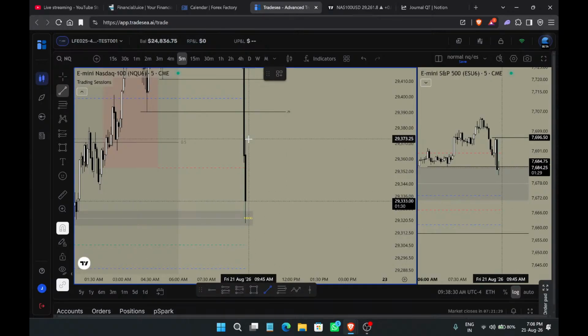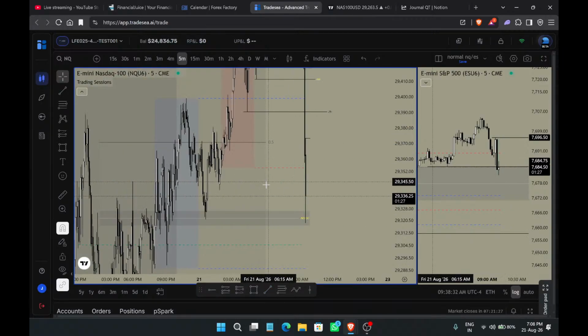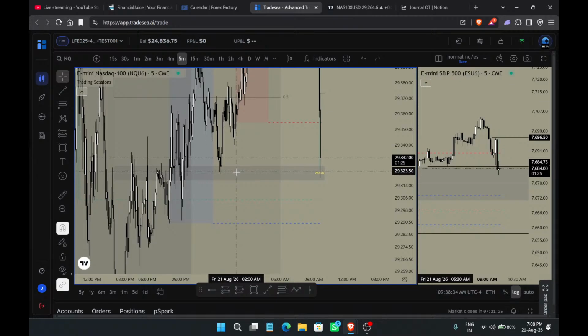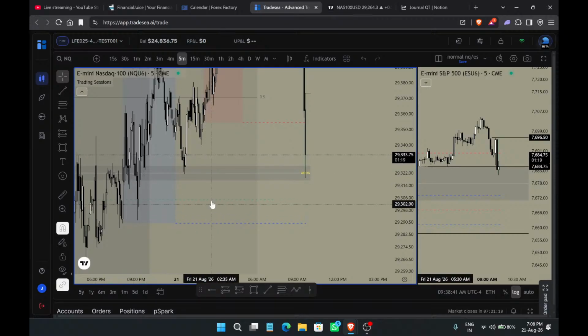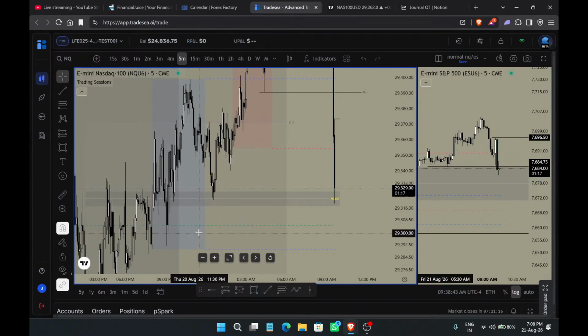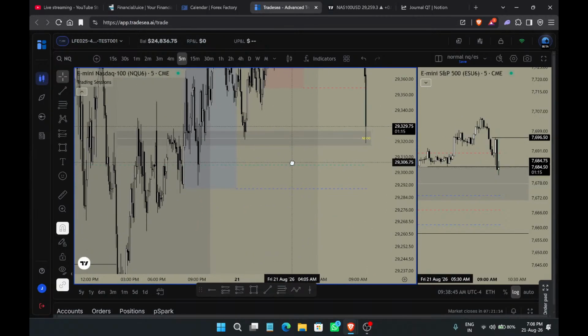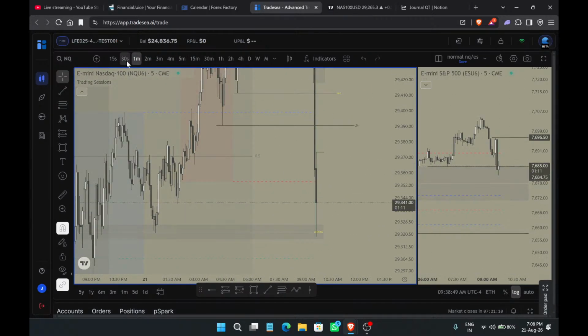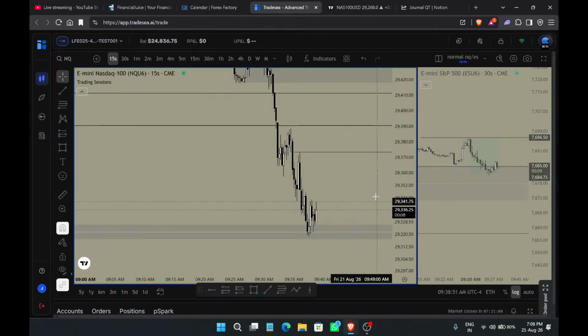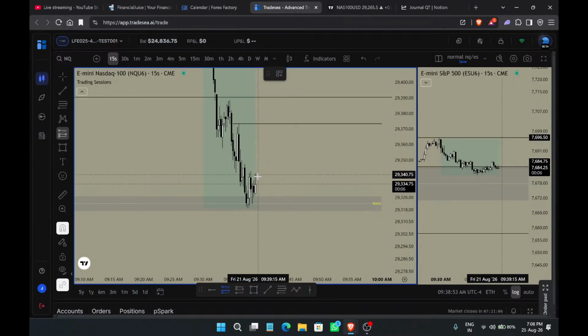I will reduce the risk. Is it a good one? Probably I say it's a good one. Like here's the order block also. This entire move is caused by the signal. There's the 5 minute open. I'm talking about something like this.